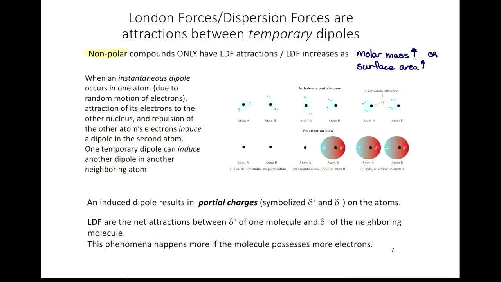This is the weakest one, right? We oftentimes call it LDF or sometimes just dispersion. We'll call it that. This one's the weakest one, and it's the most important IMF in nonpolar compounds. It's important because nonpolar compounds only exhibit London dispersion forces, and atoms too.